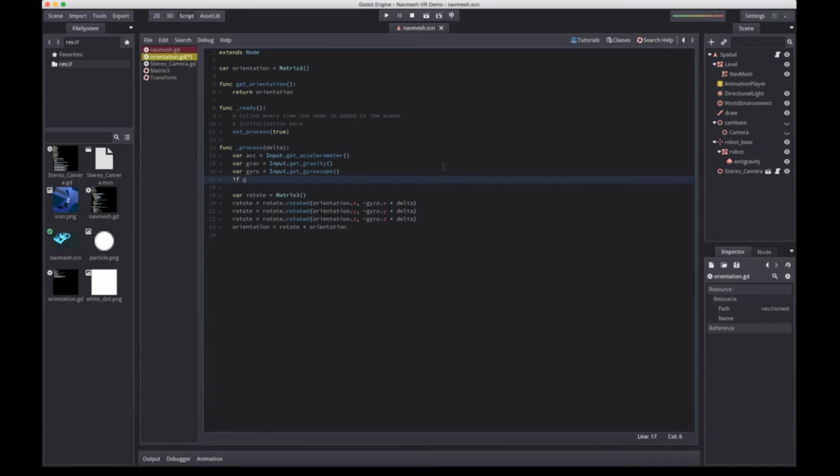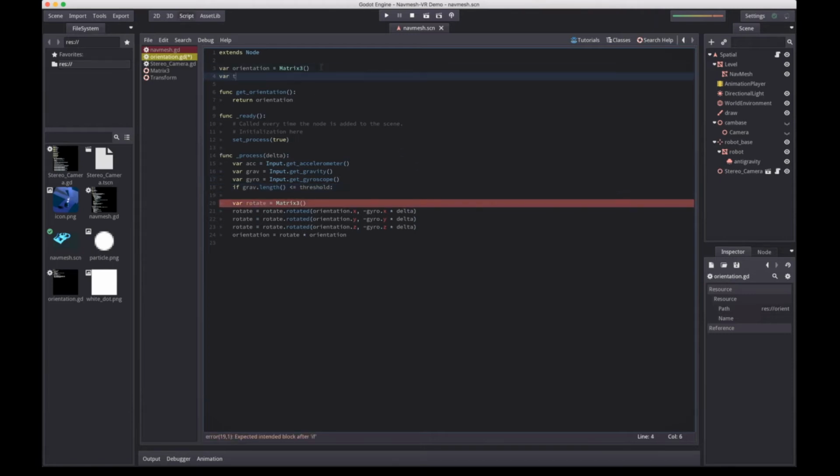But we're simply going to check if our gravity vector is below a certain threshold, then let's go and push that threshold up here. So the gravity vector would normally be about 0.98 in length.